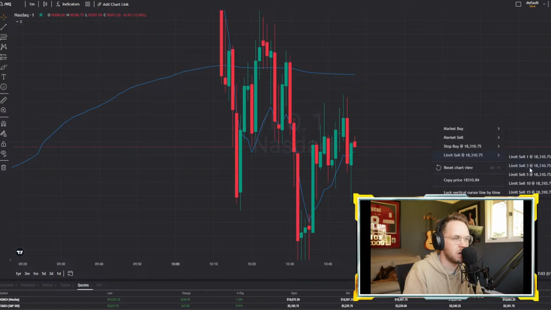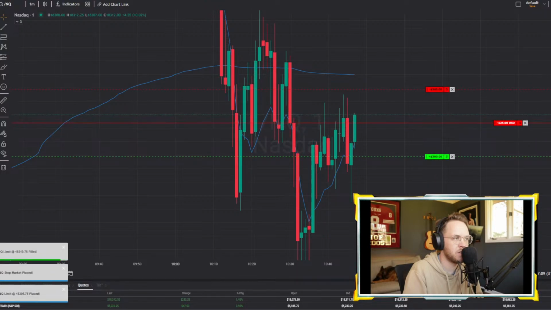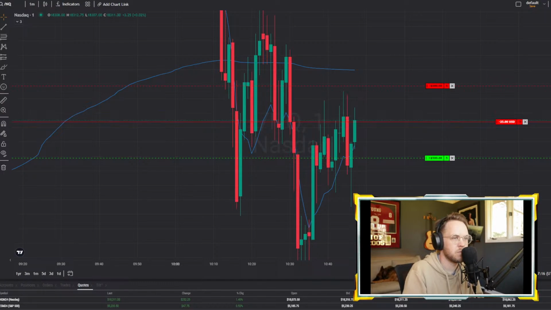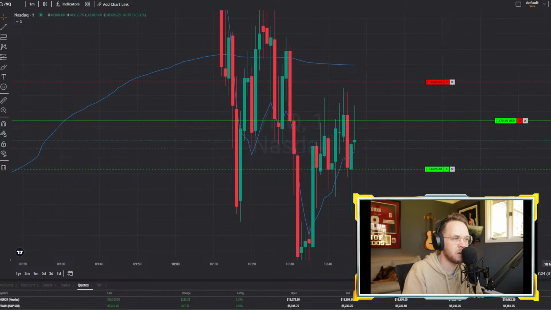Limit, sell 3, sell 5. All right, I like this location a lot more. I'm going to move this down to the bottom of these candle bodies.